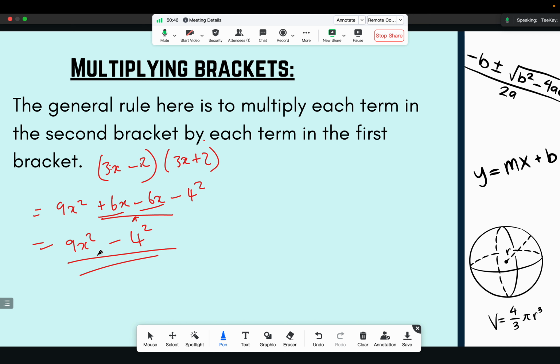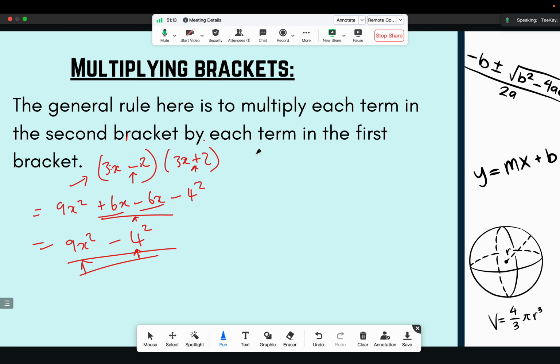And if you remember, we talked about a difference of two squares. So here you can see this and this, they are squares because 9 is 3 squared, and then we have x squared. And if we have the difference between two squares, it will lead us to brackets that have the same numbers but different signs.